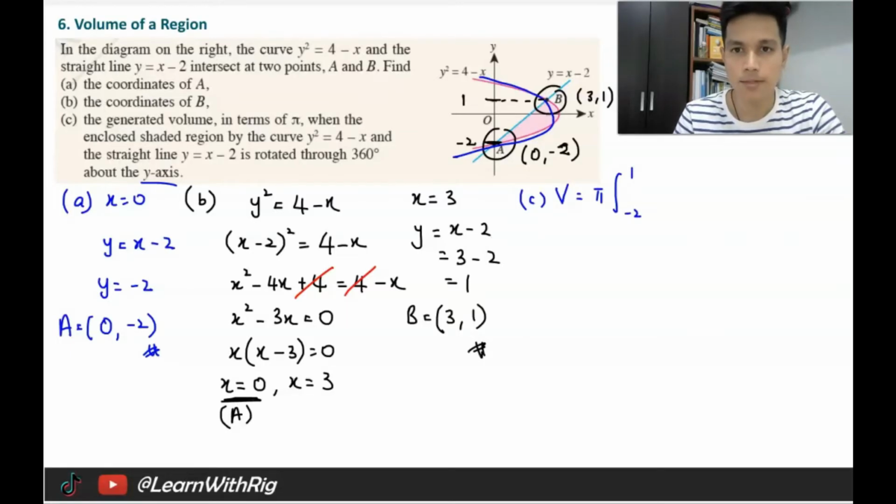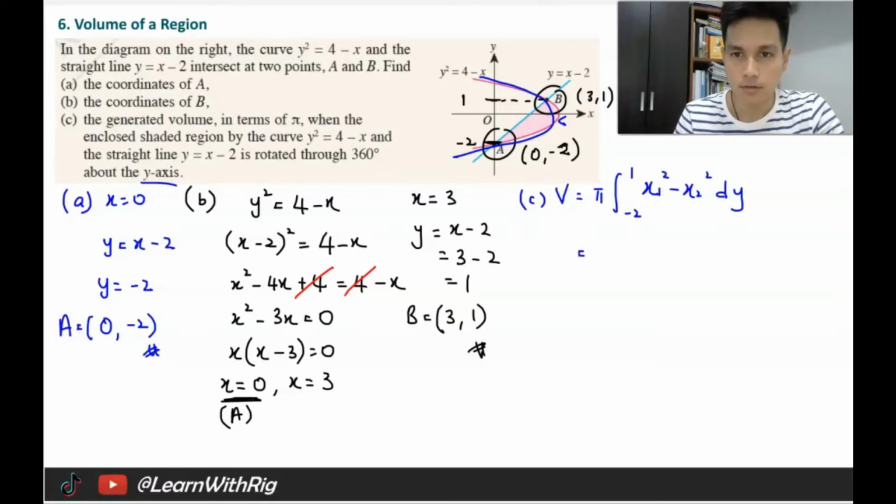Okay, and this time you're going to take the larger volume, which is the curve. The curve here is in terms of y, so dy, because it's around the y-axis. So you must take x1 squared minus x2 squared. Which one is supposed to be x1? x1 should be the curve and x2 should be the straight line.